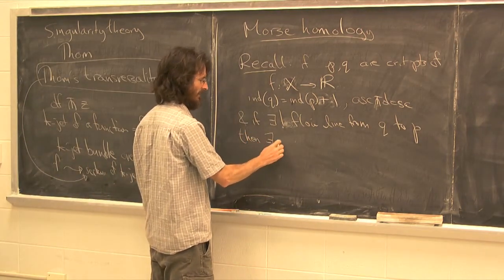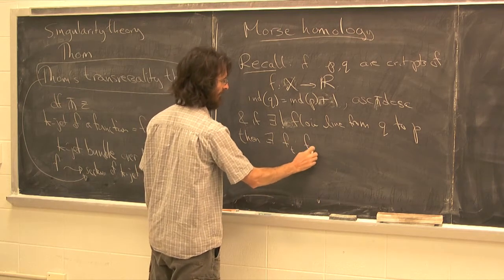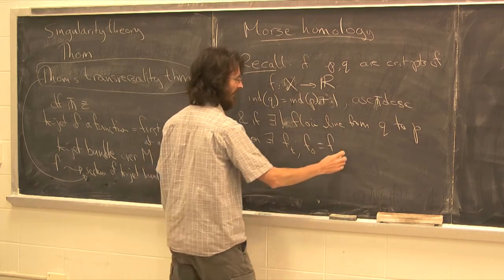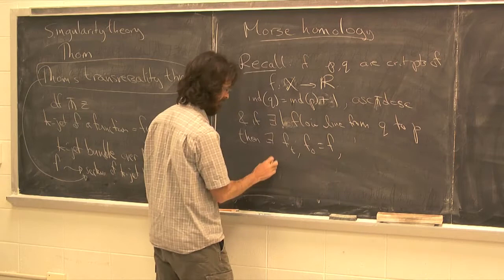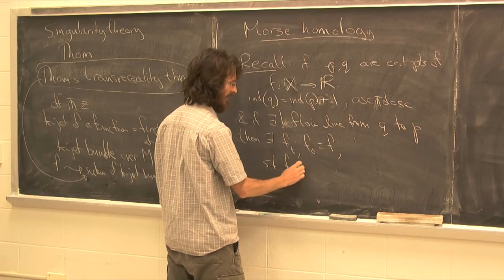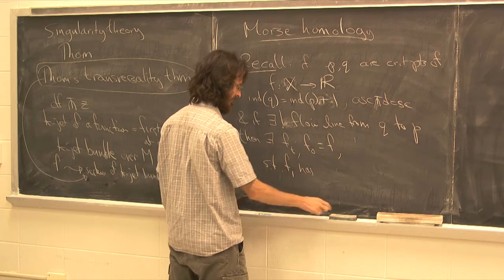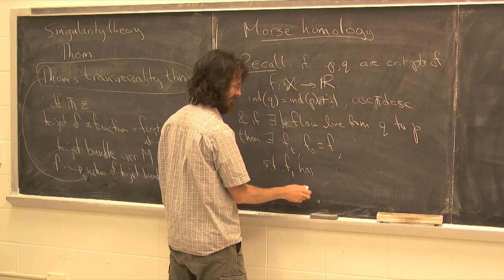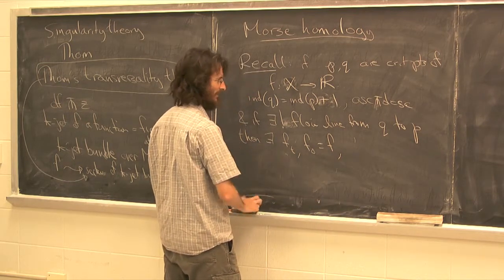There exists an f sub t with f0 equal to f, such that f1 has no P and Q, which cancels P.